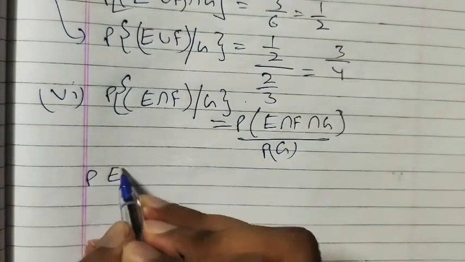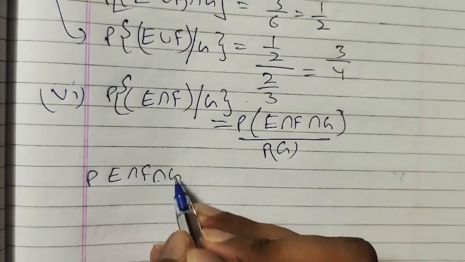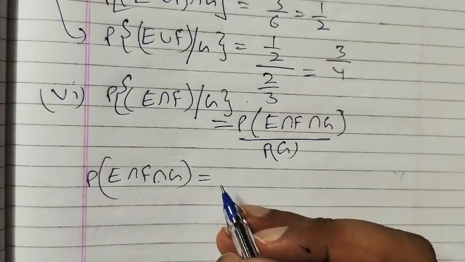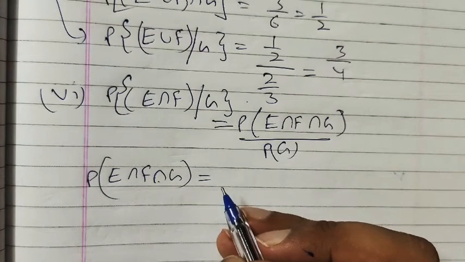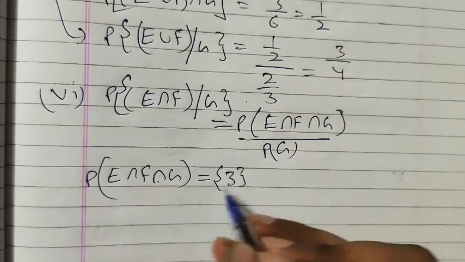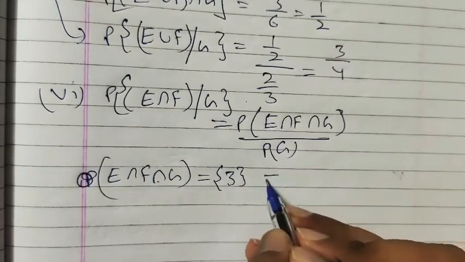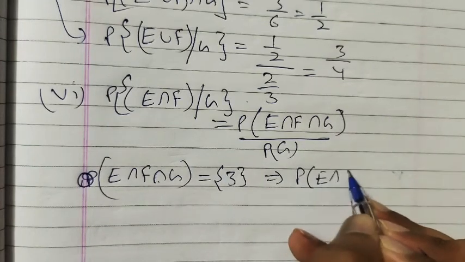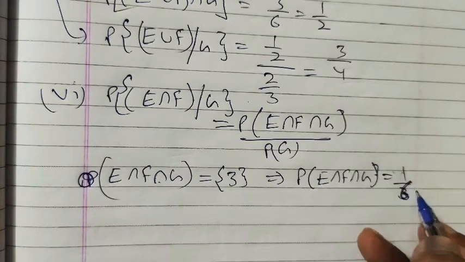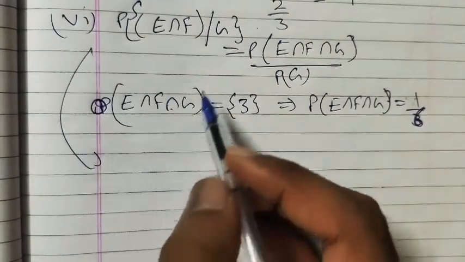Let's take the intersection together. So what is common in E, F and G? Only 3 is common. So E intersection F intersection G is {3}. This implies probability of E intersection F intersection G will be 1 by 6.